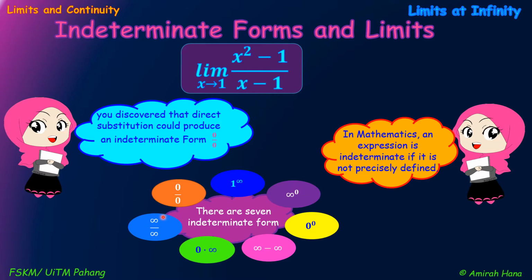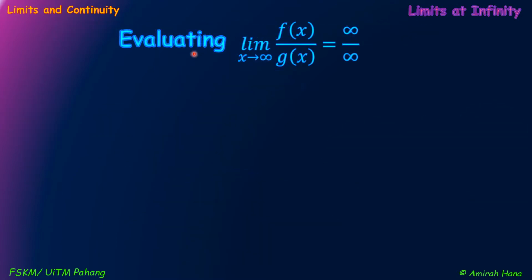In a previous video, we discussed how to evaluate a limit for an indeterminate form 0 over 0. So, in this video, we will discuss the limits for indeterminate form infinity over infinity, right? Evaluating limit x approaches infinity, f(x) over g(x) equals infinity over infinity.